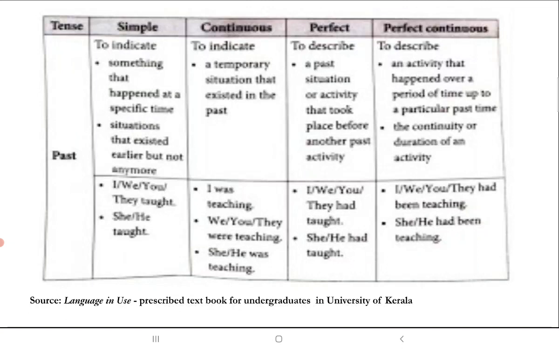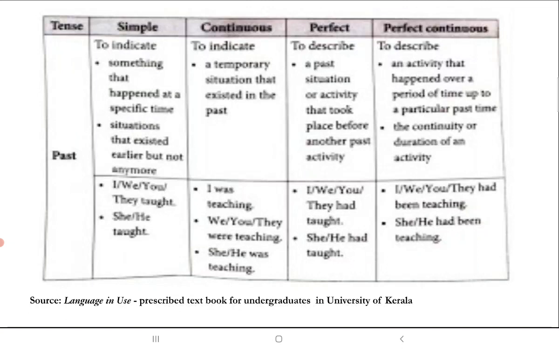Then past continuous indicates a temporary situation that existed in the past. Example: I was teaching in that particular school last year. You, we, they were teaching. He or she was teaching.